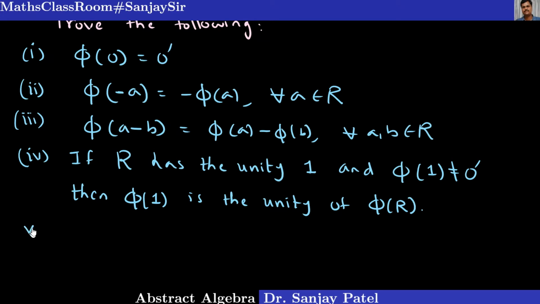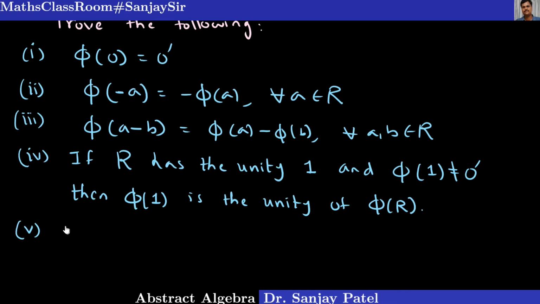And the last one, if in addition to the conditions in this fourth result, phi is not a zero homomorphism and the codomain ring R dash is an integral domain, then let us see what happens.